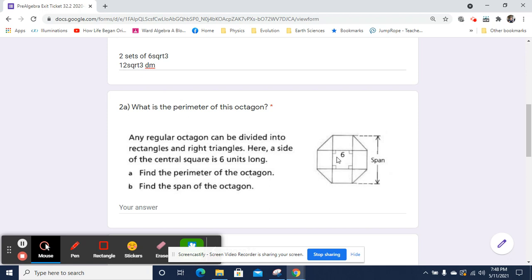The nice thing is we've been told that the central square side is 6. So that central square is a 6 by 6 square, and if this is a 6 unit long side for the square, then this is also 6 units long. So then the perimeter is going to be 8 times 6.